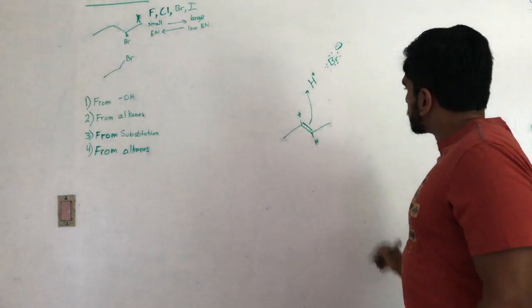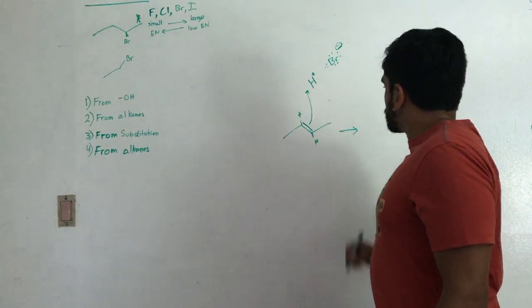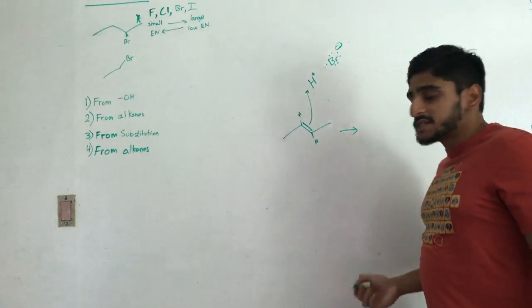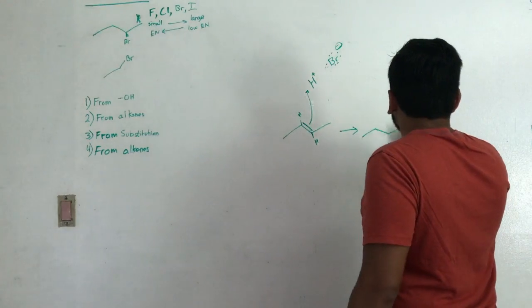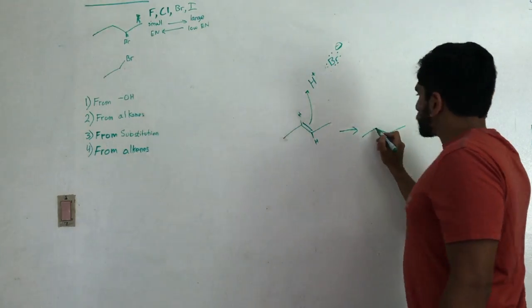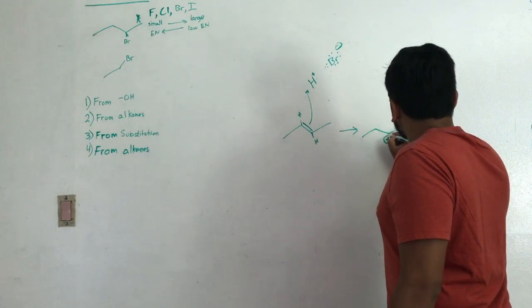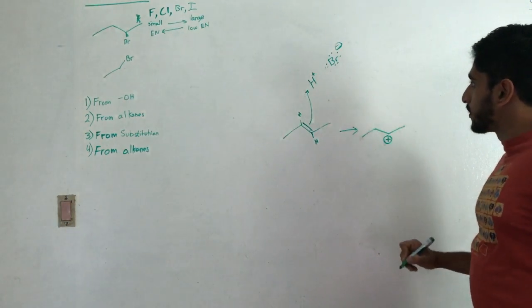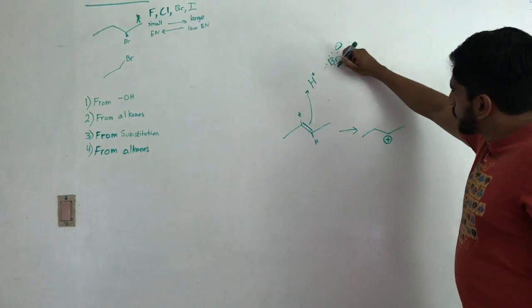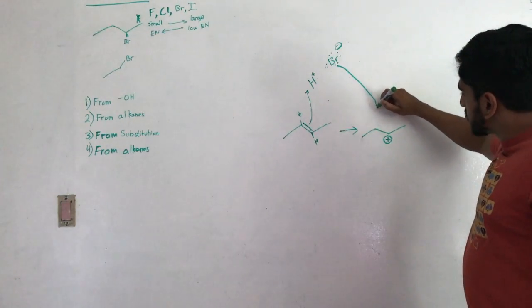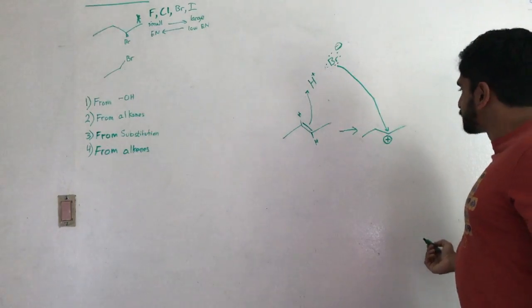And what that does is that leaves what is known as a carbocation, which is just a positively charged carbon. So now you have two hydrogens around here, so I don't need to draw them out. And you have only one hydrogen here, so you have this carbocation. Then what happens is bromine is going to come in, see the carbocation, and attack it.